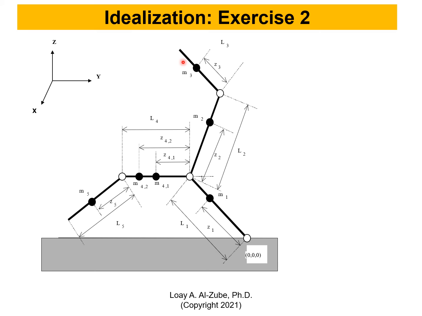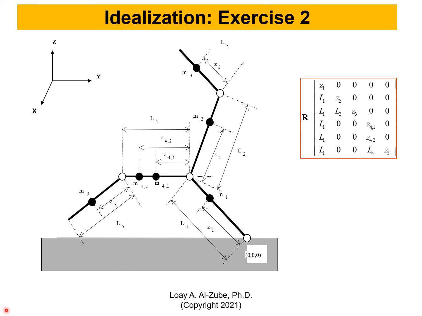So I will be having six rows. The number of columns equals the number of segments. So my relation matrix will look like this. Look at that. Again, the relation matrix is another representation of the structure, but without looking at the structure itself. 6 masses, 1, 2, 3, 4, 5, 6 rows.